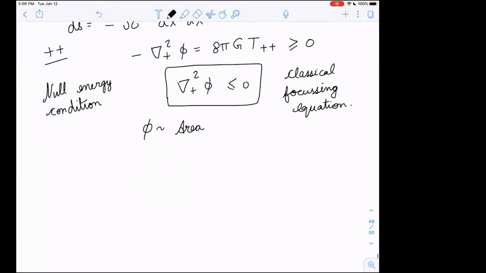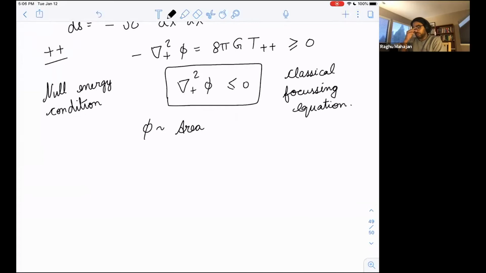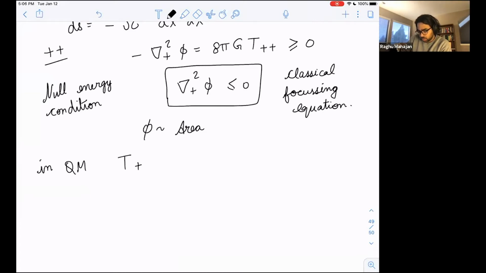Fine. But in quantum mechanics, the null energy condition is violated. T_plus-plus is not positive, and in fact, it can be negative. So this condition no longer holds.